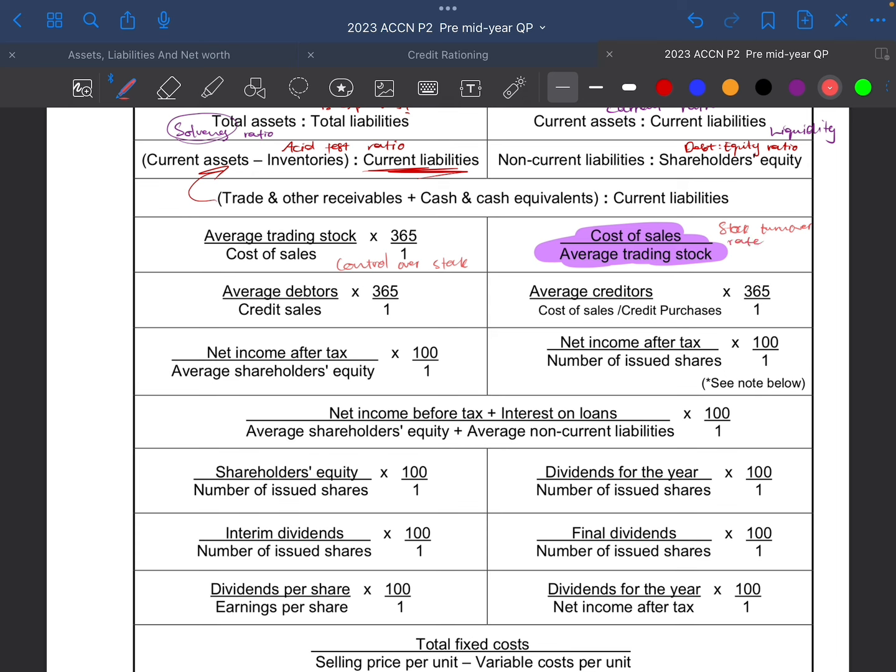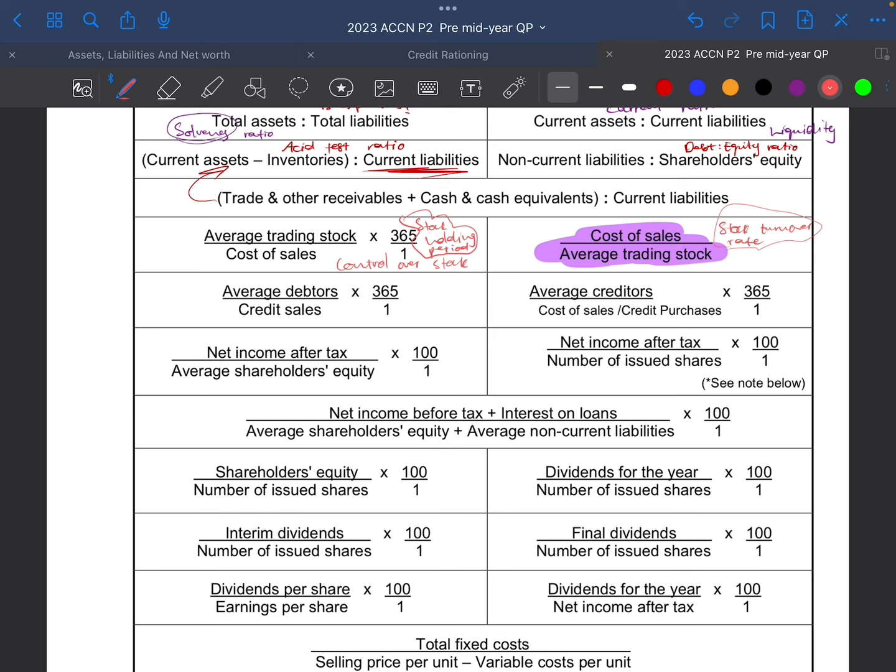And then at that instant, I just forgot to say that this is your stock holding period. Okay, so this is your stock holding period. All right, so be careful of that. So this is your stock holding period, and then this is your stock turnover rate.